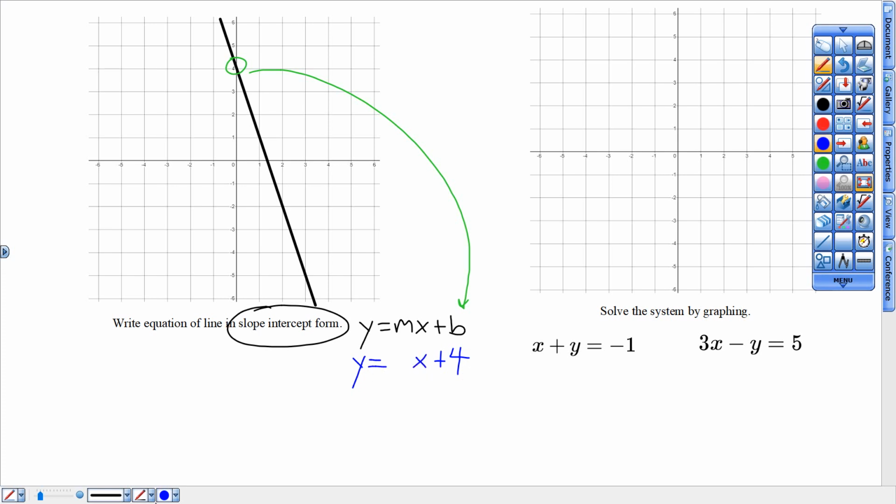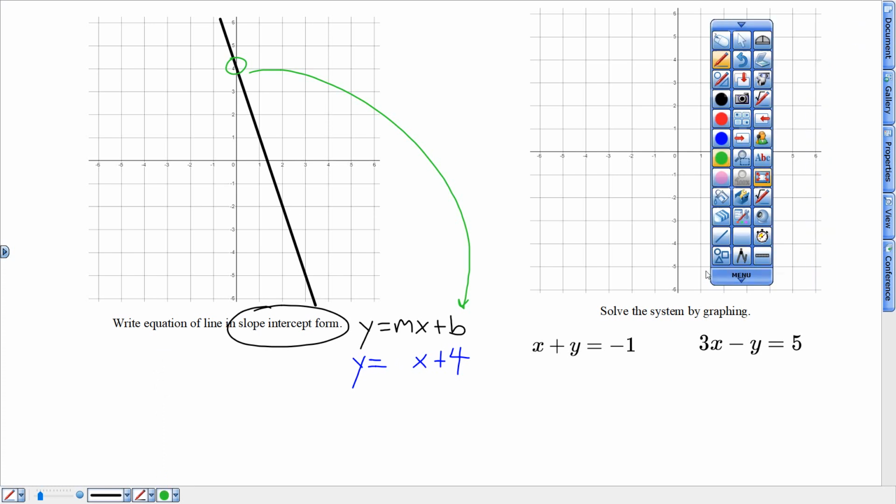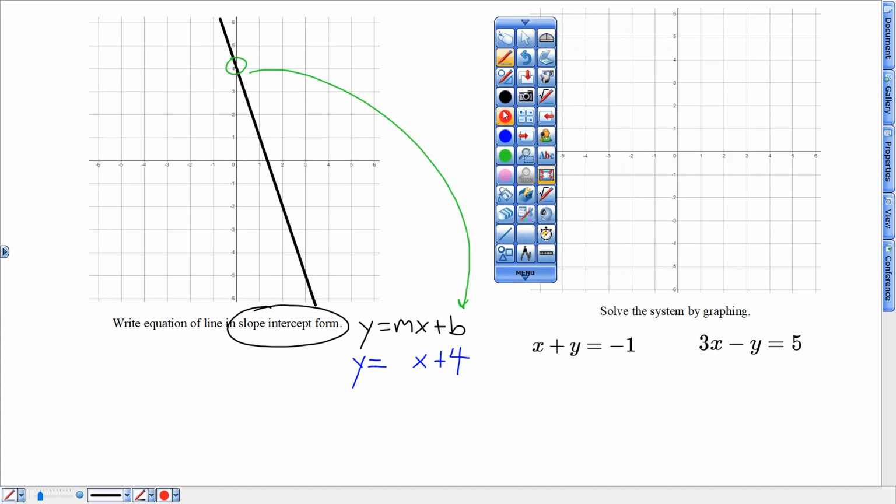And the next thing I need to do is be able to find this number right here, my rise over run number, by looking at any two points on that line where they touch a nice, neat grid line. So it looks like this is going over 1 for my run.